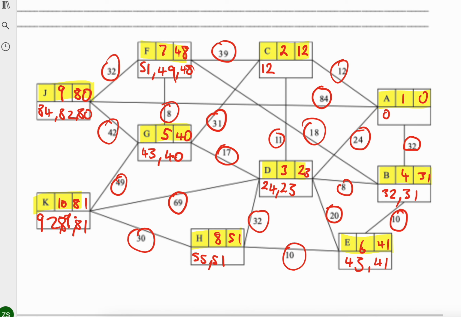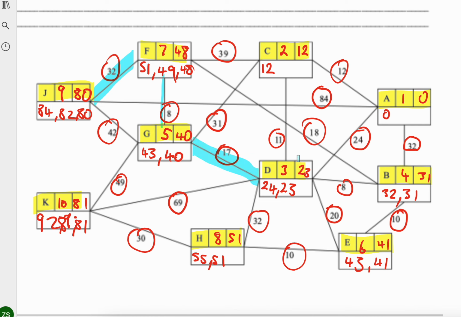From J to F. That's one. Then F to G, because 80 minus 32 is 48. Then F to G, 48 minus 8 is 40. Yep, and 40 minus 17 is 23.